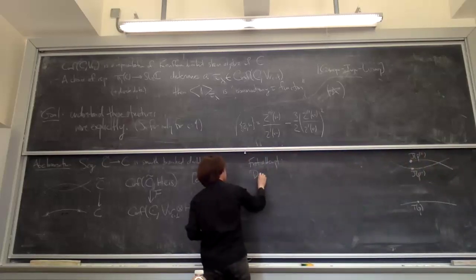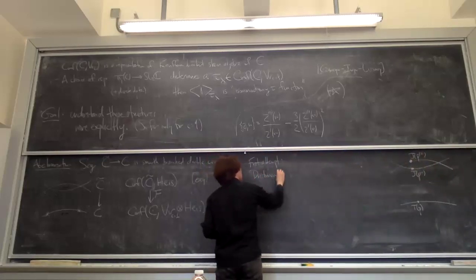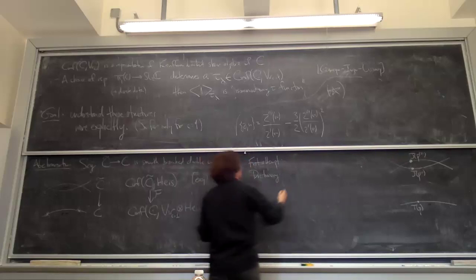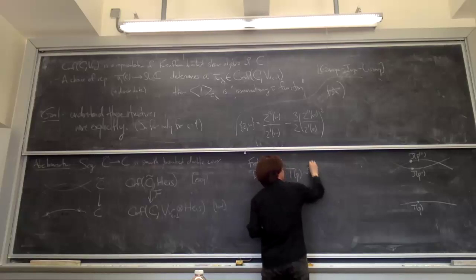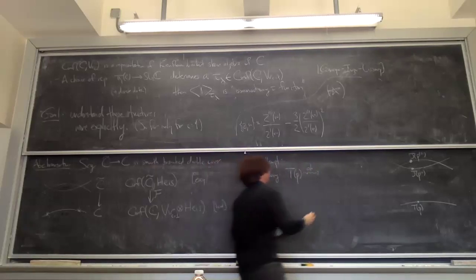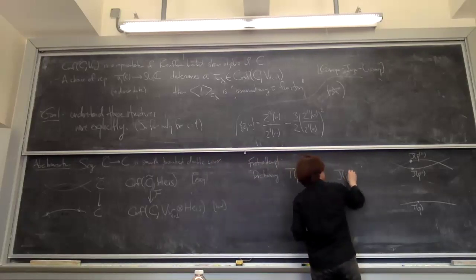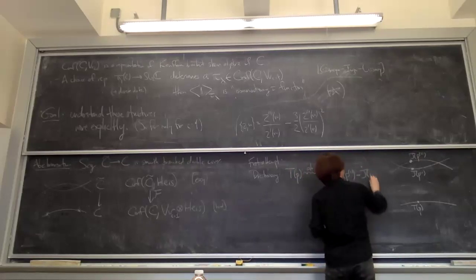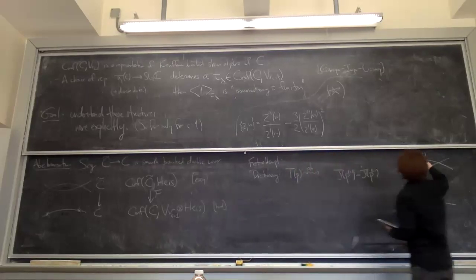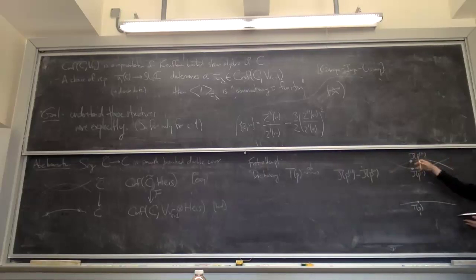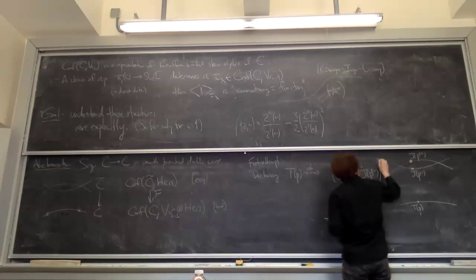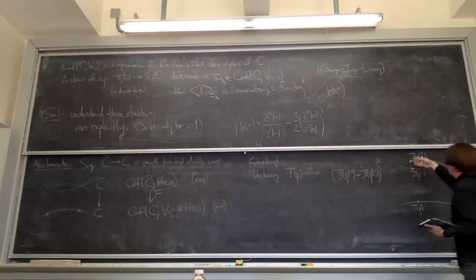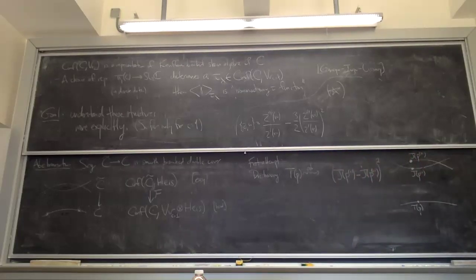So my dictionary will be like this. T of P will be replaced by J of P1 minus J of P2. So I take the anti-invariant combination of these two, and I square it. So this is some bilinear in the J's here.